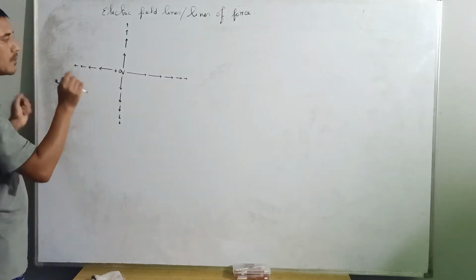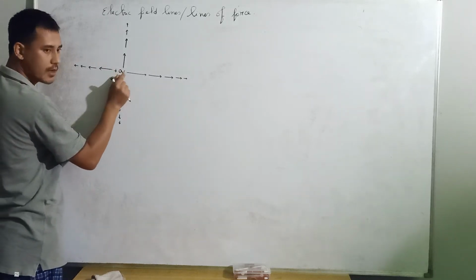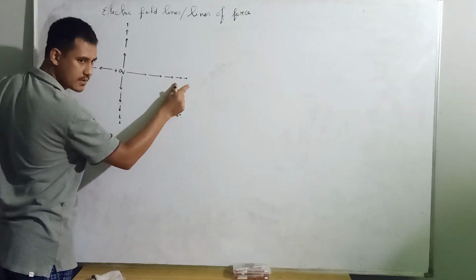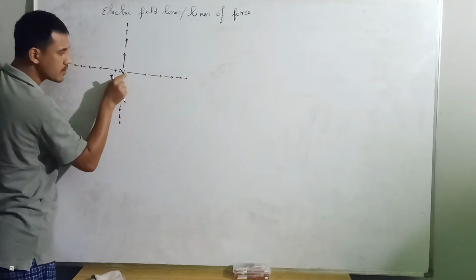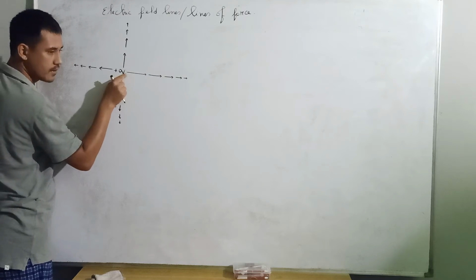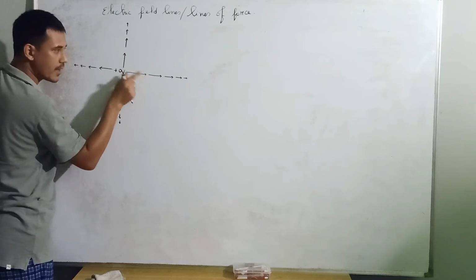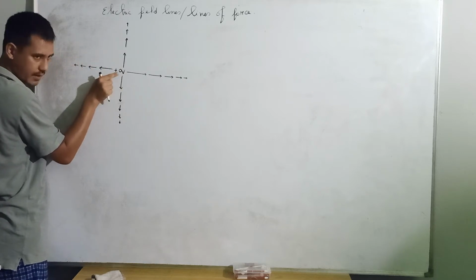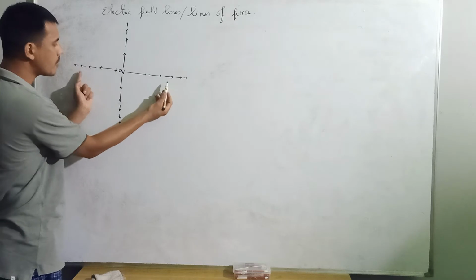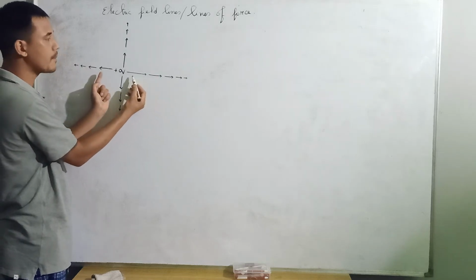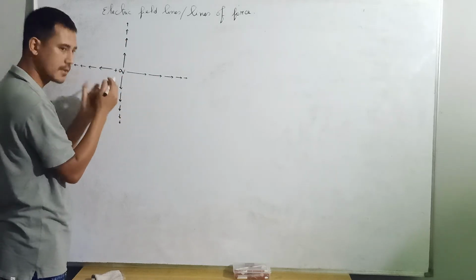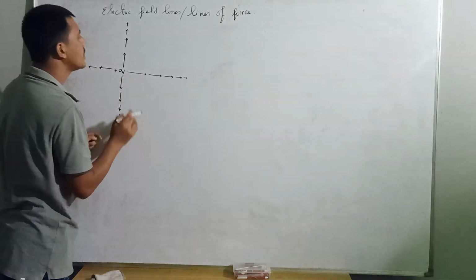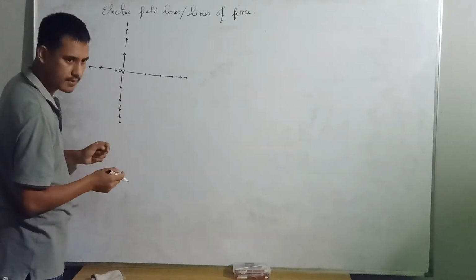So as you move away from the charge, the magnitude of the electric field decreases, since the length of the arrow is longest nearer to the charge. As you move closer towards the charge, the magnitude increases, and as you go away from the charge, it decreases.